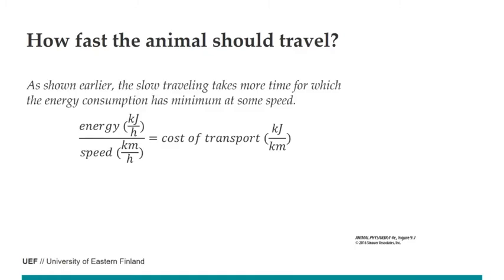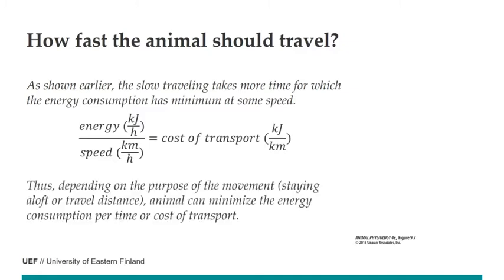The slow traveling takes more time, and that's why the energy consumption has some minimum at a certain speed. And depending on the purpose of the movement, staying aloft or traveling a distance, they can minimize the energy consumption.